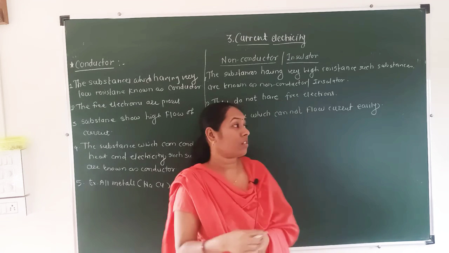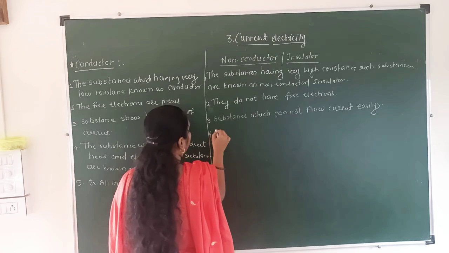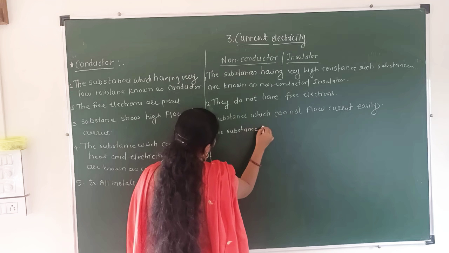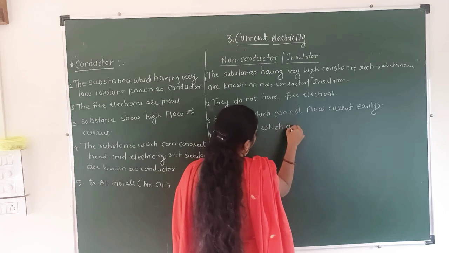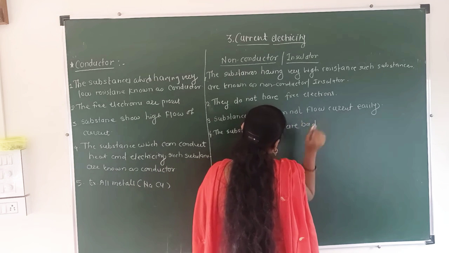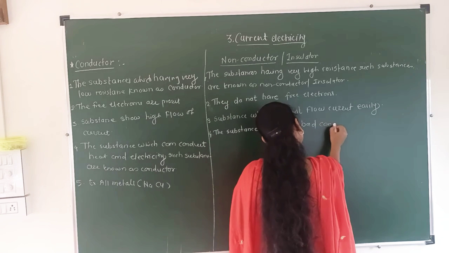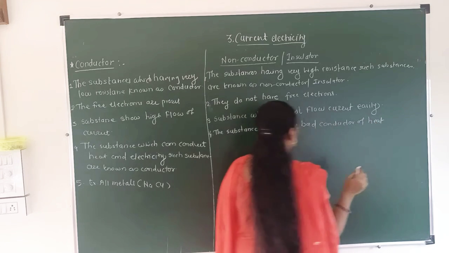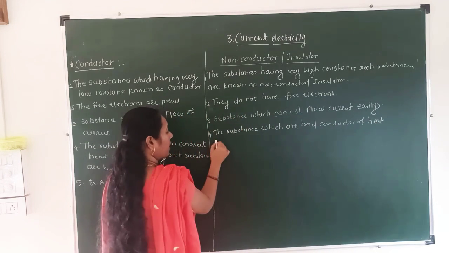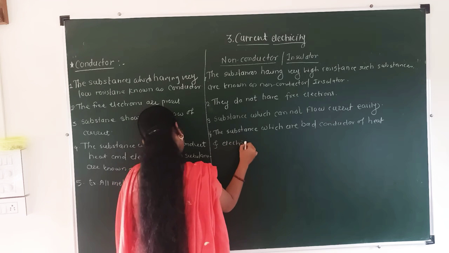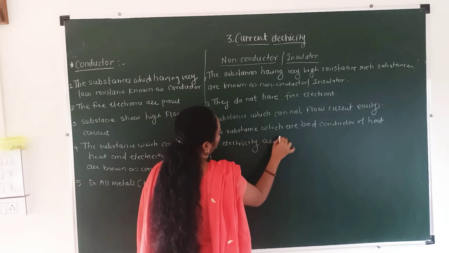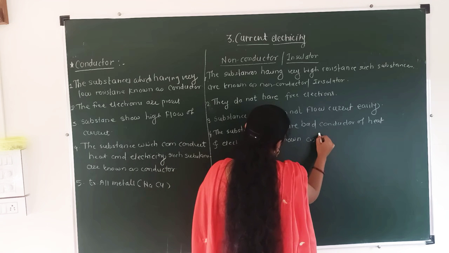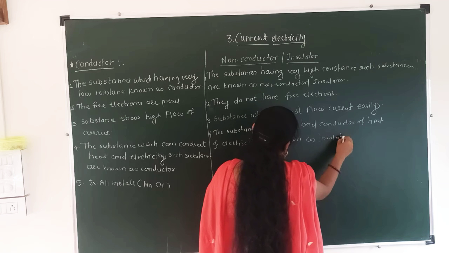The substances which are bad conductors of heat and electricity are known as insulators.